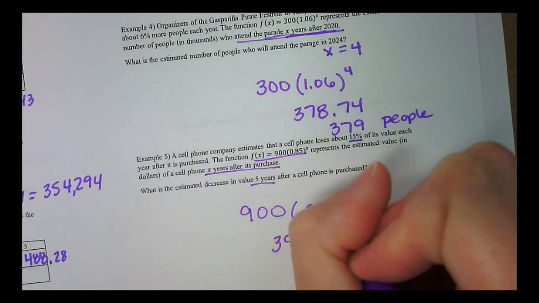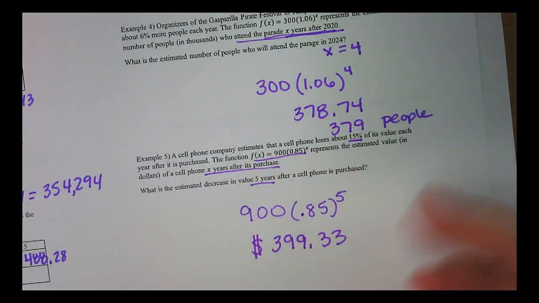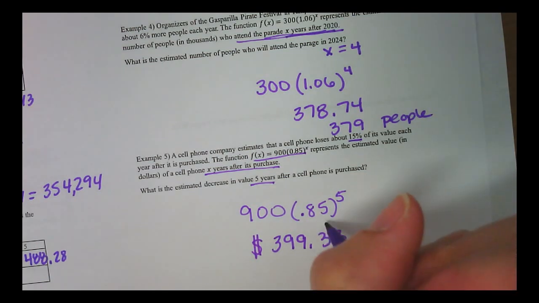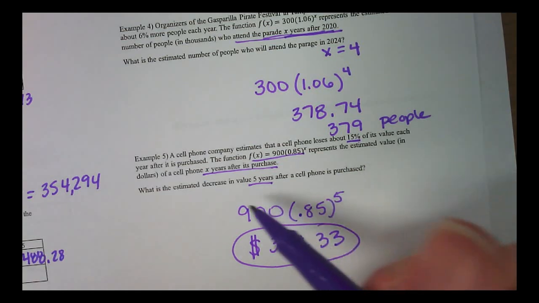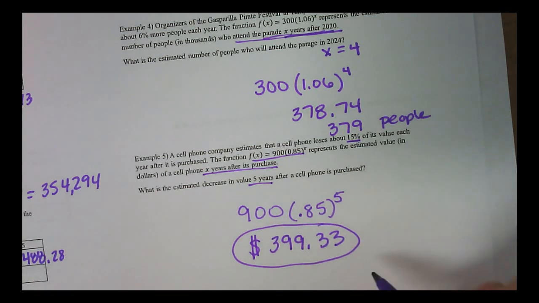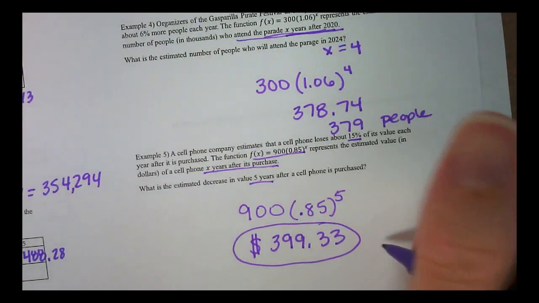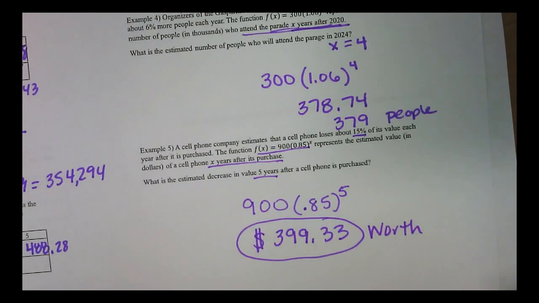And I get 399.33. So this is money, right? So it's how much is it worth? So I want to keep 2 decimal places because that's cents. Okay? And it says, what is the estimated decrease in value? So if I decrease in value, this is what it is worth now. So how much did it decrease?